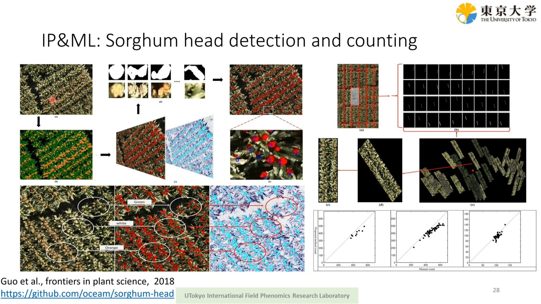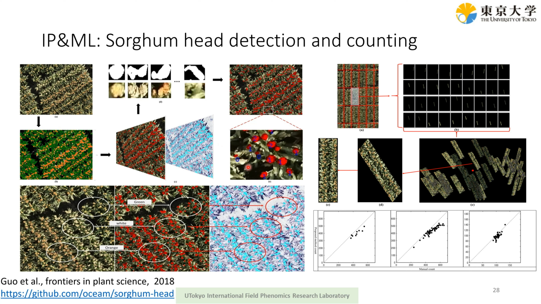The first step is extracting the candidates of the sorghum heads from the original images, and then we train on those detected candidates with the corresponding number of heads, and then we check all the candidate regions from the original pictures, and we give the predicted number of heads for this picture.